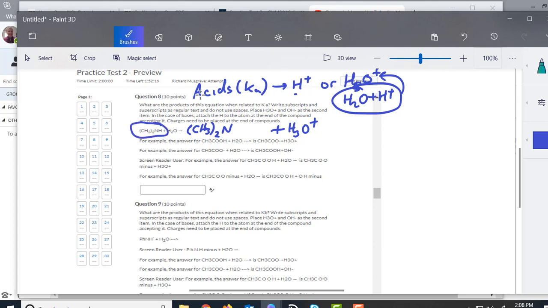And if we take the H away from it, then we'll be left with this CH32N, and then the minus is going to be necessary here because this has a plus on it. So we took away H plus, which means that the charge goes down by 1. So that's why it's going to be CH32N minus.